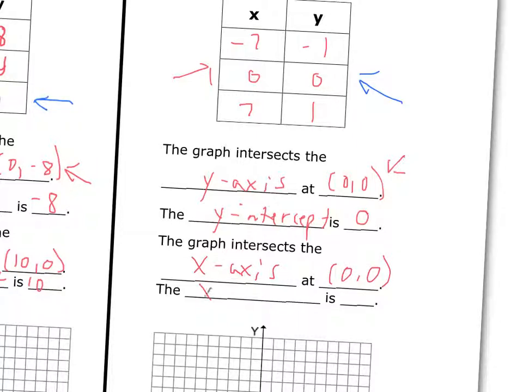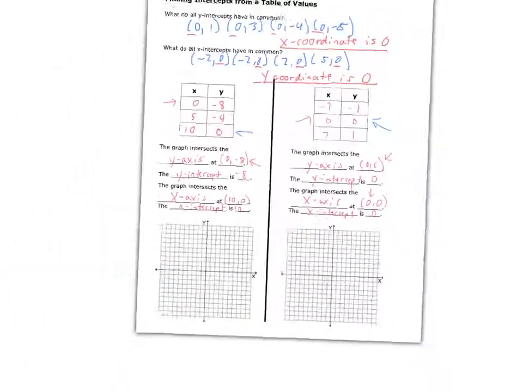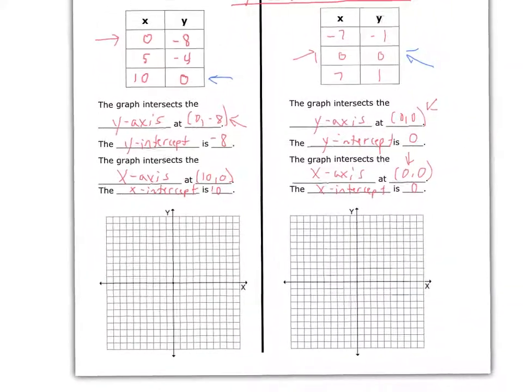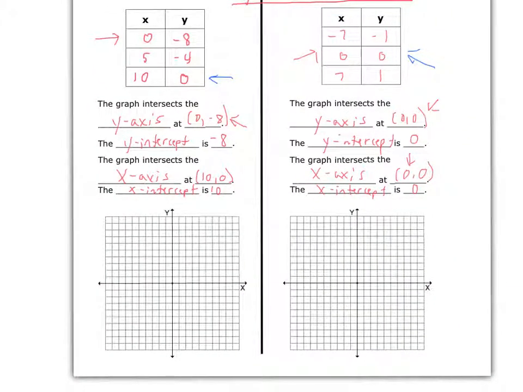So the x-intercept is going to be the x value of that ordered pair. So we know that our x-intercept is also 0. So this time it happens to be that the x-intercept and the y-intercept both are at 0. Okay, so that can happen.